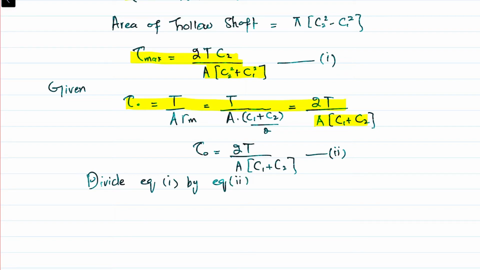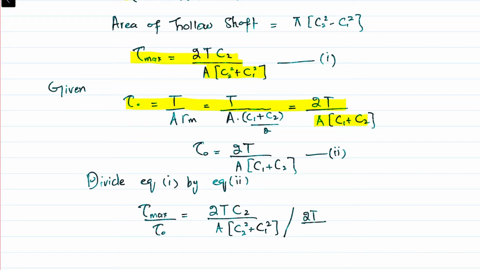So when you divide equation 1 by 2, it will be τmax over τ₀ will be equal to 2T C2 over A into (C2 square plus C1 square), divided by 2T over A into (C1 plus C2). Clear?